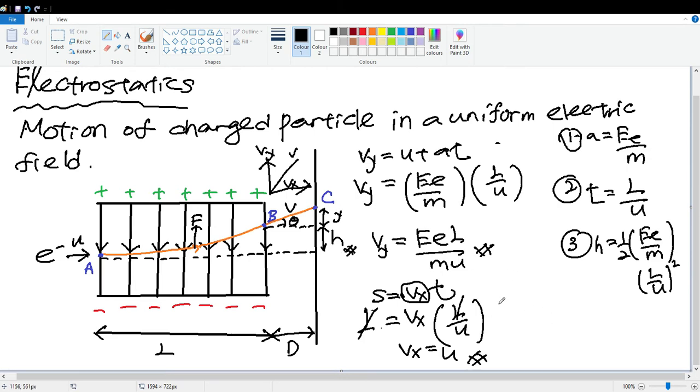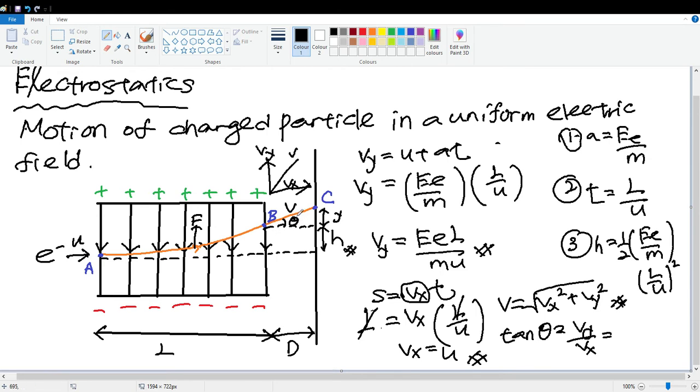If we wish to find the resultant velocity, the concept is basically the same. So V is equal to the square root of Vx square plus Vy square. So this is the magnitude. As for the direction, tan theta is equal to Vy over Vx.